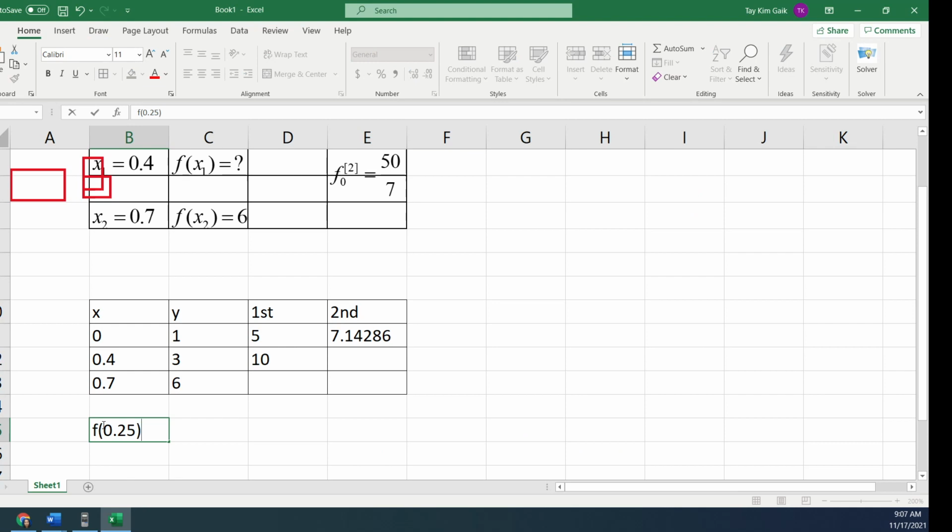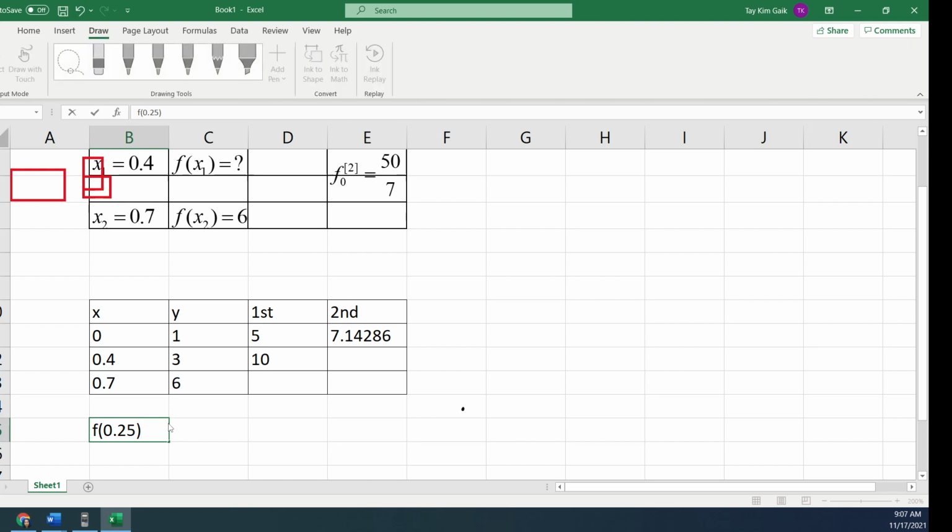First of all, f 0.25 is actually inside the list. So this is interpolation. If outside, maybe you still can use it, but it's not accurate. If the x value you want to estimate is outside of the list, it's not accurate.